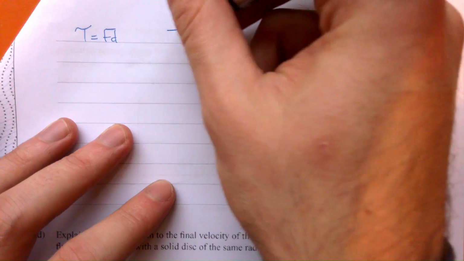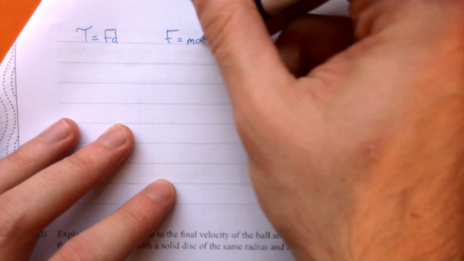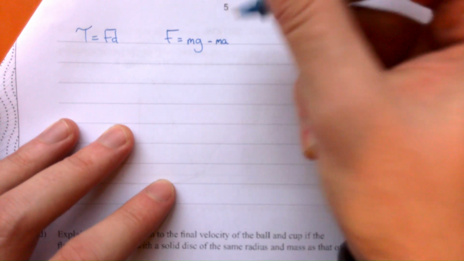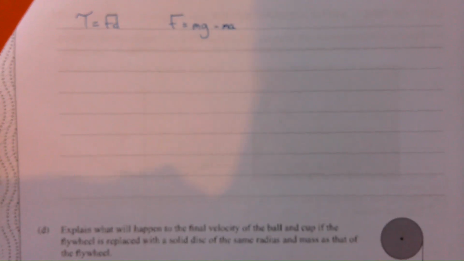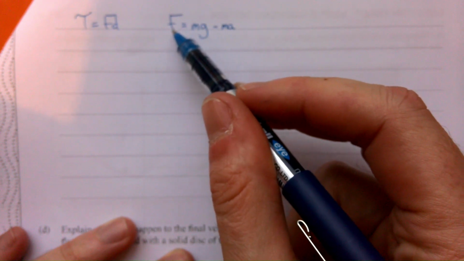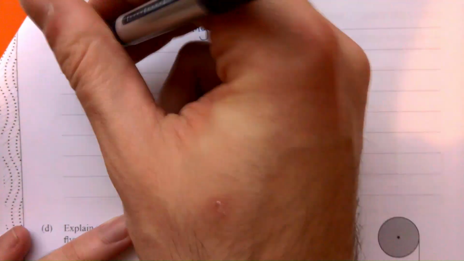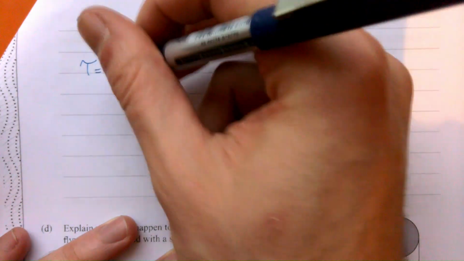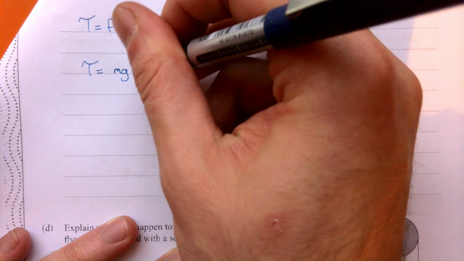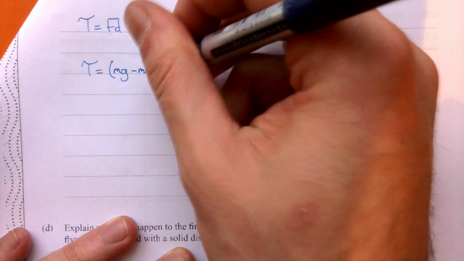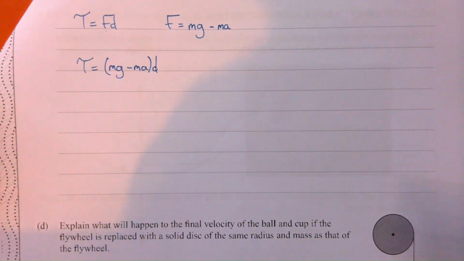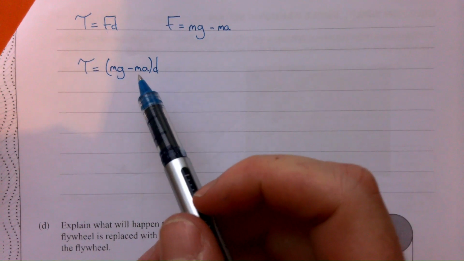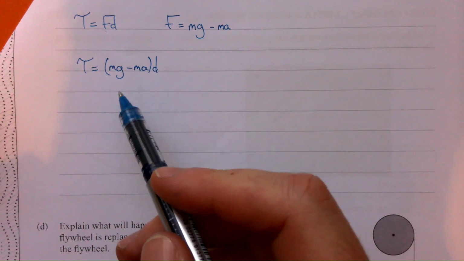So, if we know that our F is equal to the weight minus Newton's second law's force, then we can start adding these into our equation. If we substitute F into the F here, we get tau is equal to mg minus ma, all multiplied by d. I'm going to use brackets here to make it nice and clear. And then we can just start substituting values in.